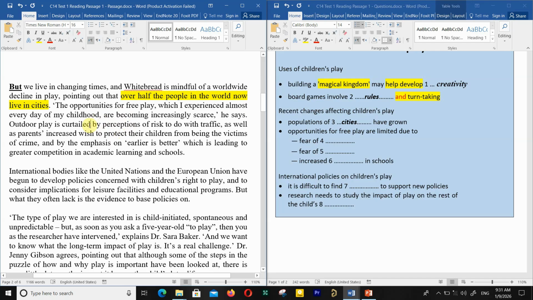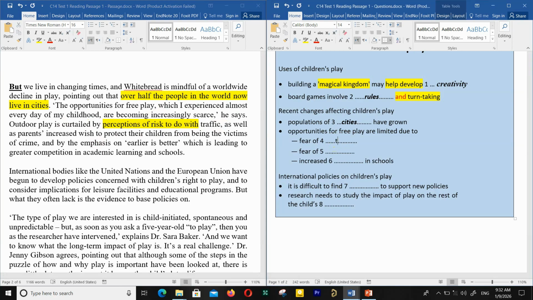Curtailed means to reduce something, okay? Limited or reduced, which in here, limited due to. Limited here means curtailed, okay? So, by perceptions of risk to do with traffic, all of it means fear of what? Traffic.